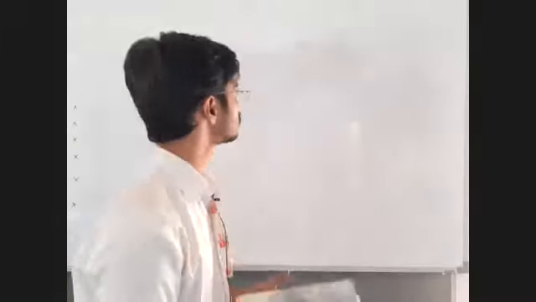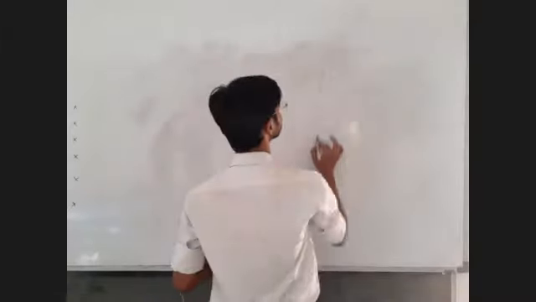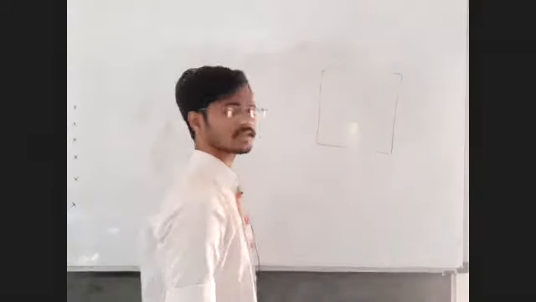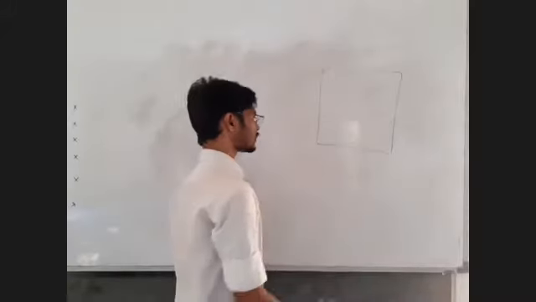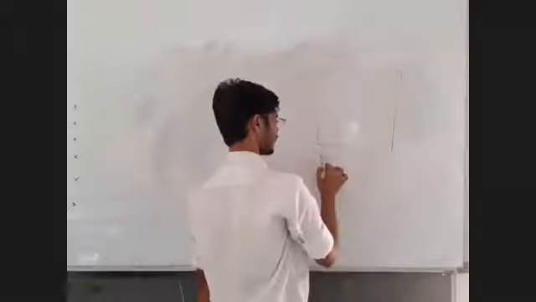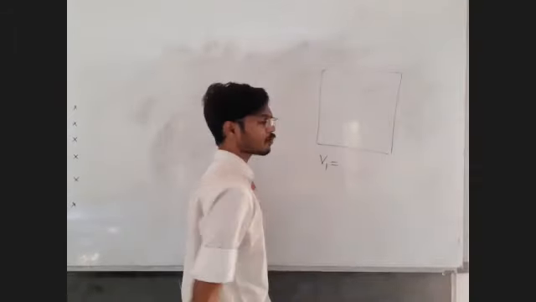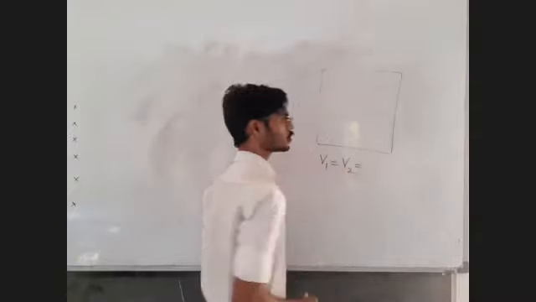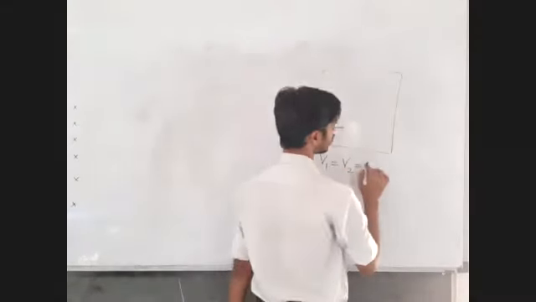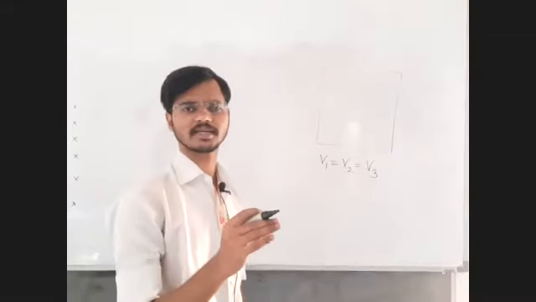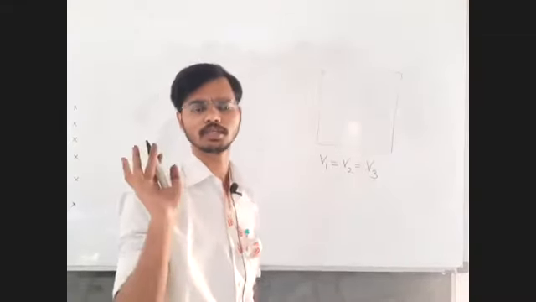So there is a mixture of gas. Let's say 2 or 3 gases are mixed together. But even though there is more than one gas, I can definitely write that the volume occupied by the molecules of the first gas is equal to the volume occupied by the molecules of the second gas is equal to the volume occupied by the molecules of the third gas, because all the gases will occupy the entire volume which is available to them.